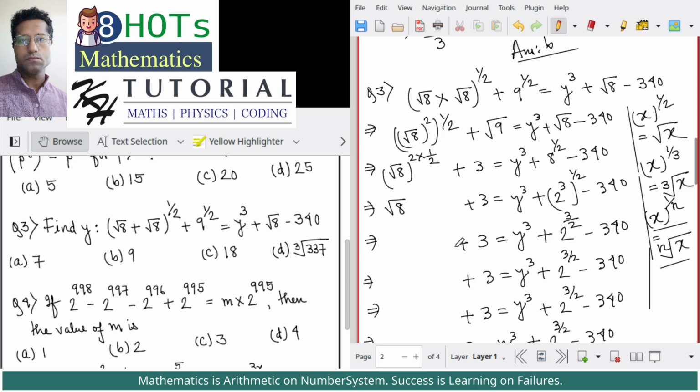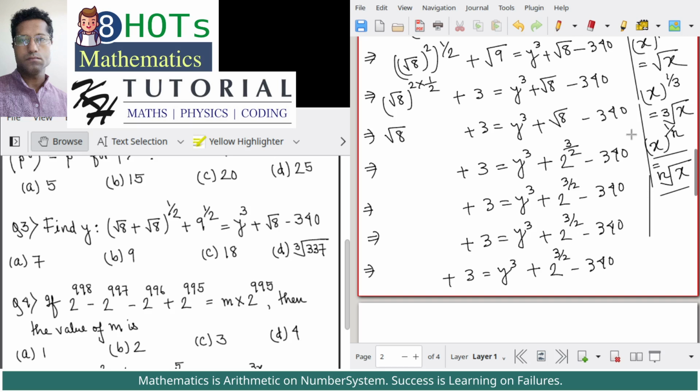Square root of 8. And on the right hand side also we were having square root of 8. So let's leave it like this, square root of 8. So square root of 8 will get cancelled from both the sides.